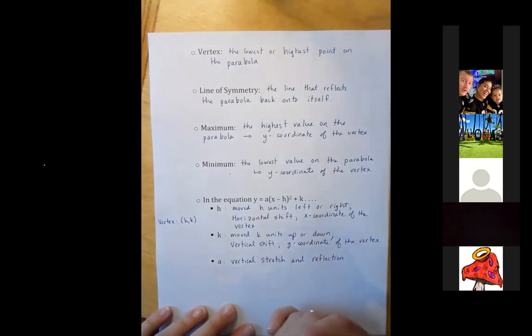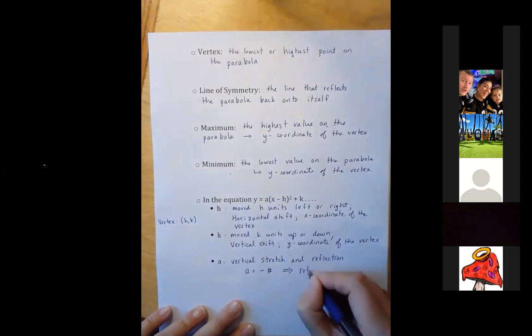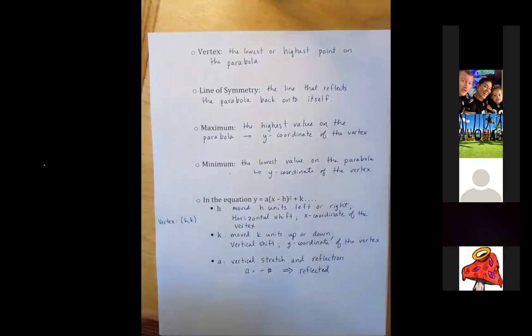A could be negative. Whenever A equals a negative number, that means that my parabola has been reflected. Meaning it now is no longer a right side up U, it is an upside down U. I then have some options about whether or not A is a number that is bigger than 1, smaller than 1, bigger than -1, smaller than -1.